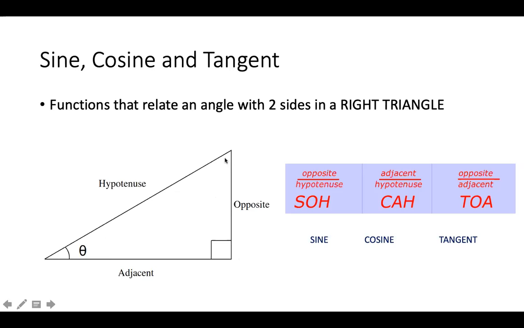But the longest side is always the hypotenuse. So just remember it as the long side is the hypotenuse, and then the adjacent and the opposite will change depending on which angle you're talking about. So for all the angles other than the right angle, the adjacent side and the opposite side will change.